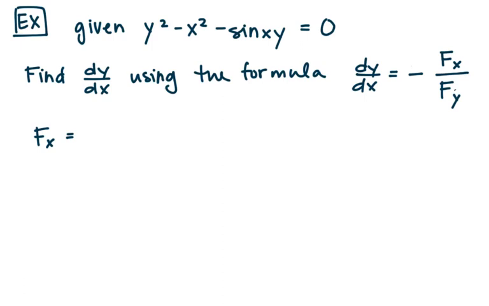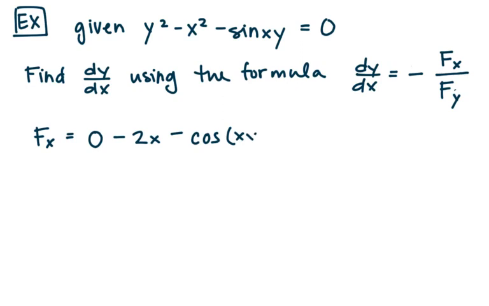Treating y as a constant, y squared would be a constant, so I have 0 minus x squared. That derivative is 2x. And then the derivative of negative sine of some constant y times x: y is like a coefficient in here, so we'd use the chain rule. The derivative of sine is cosine, so that negative is there.